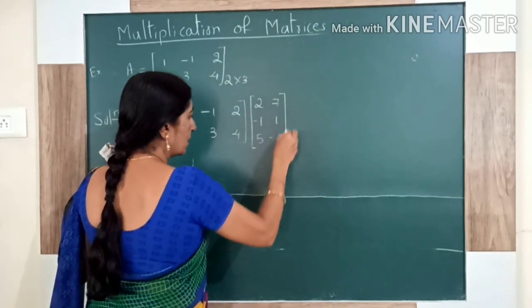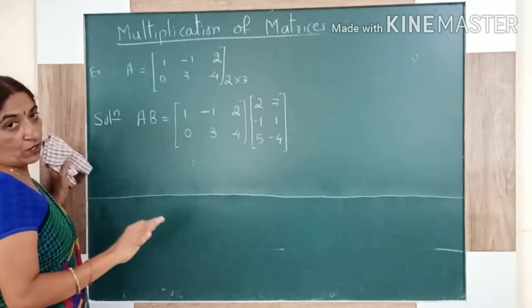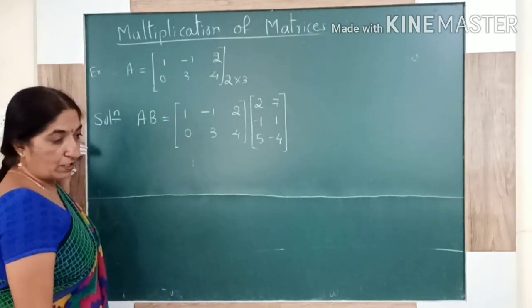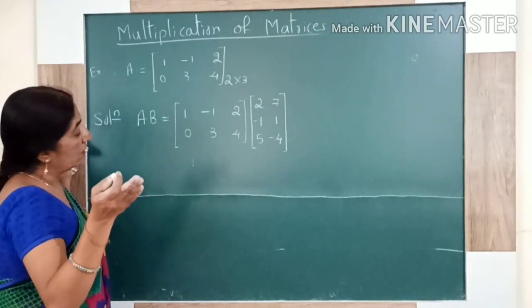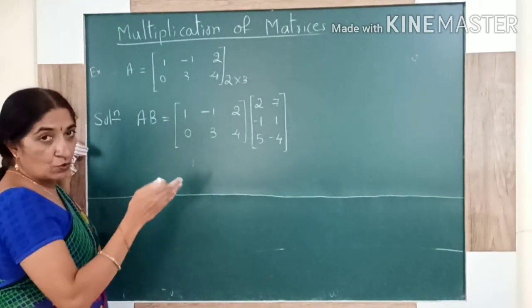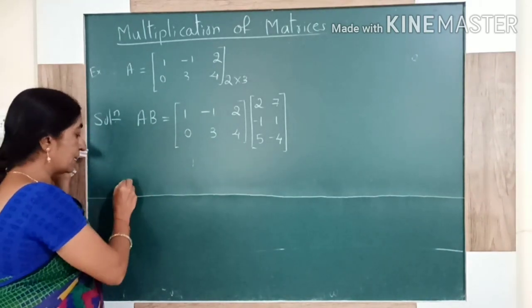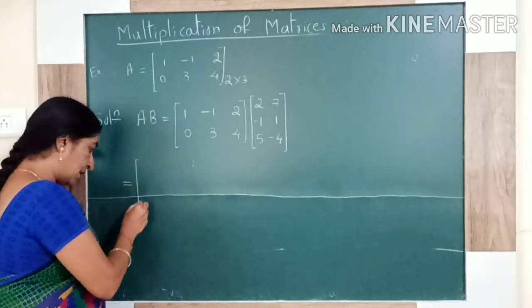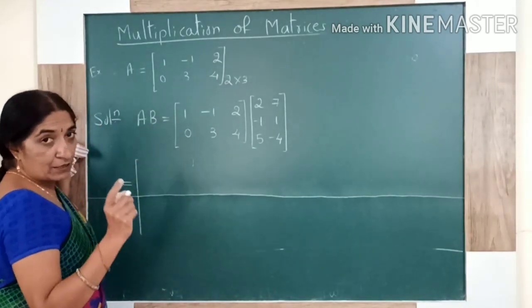After writing this, we are familiar with the order. So please take your pen and paper. Just go on writing whatever I am explaining step by step. After writing this, I will explain slowly.